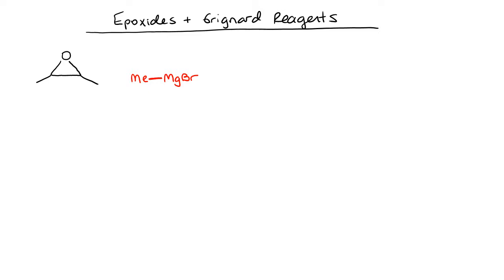So we will show our electrons going and attacking one of the carbons. Now the carbons are equally substituted, so it doesn't matter which one you choose. I'll go ahead and show it attaching to carbon number 3.